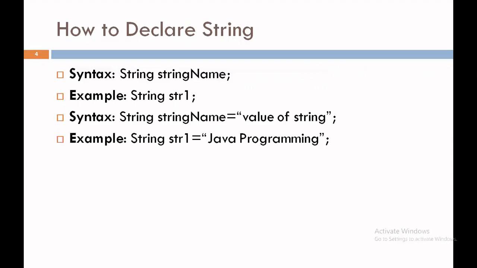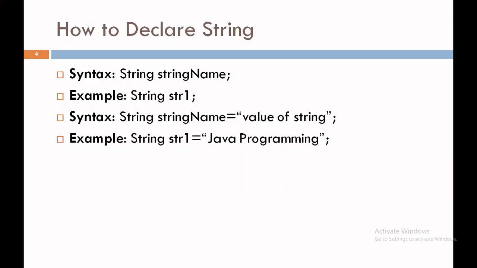So we use str1 as an object which represents the value "Java programming" as a string. Here we have created a string named str1 and initialized it with "Java programming". In Java, we use double quotes to represent a string. The string is an instance of the String class. Note that all string variables are instances of the String class.